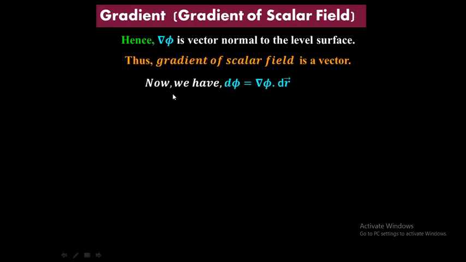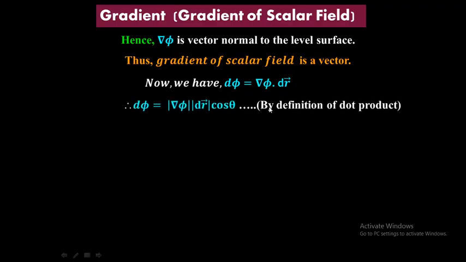Now we have d phi equal to del phi dot dr from equation number 6. By definition of dot product, d phi is equal to the magnitude of these two vectors times cos theta. The maximum value of cos theta is 1, when theta is equal to 0.